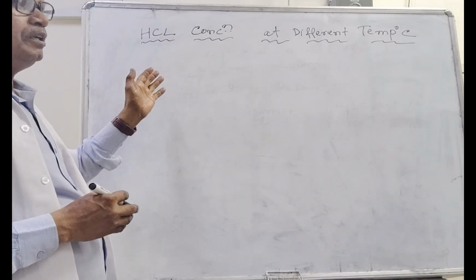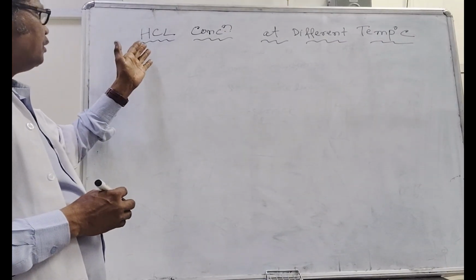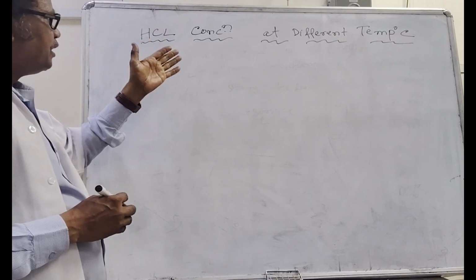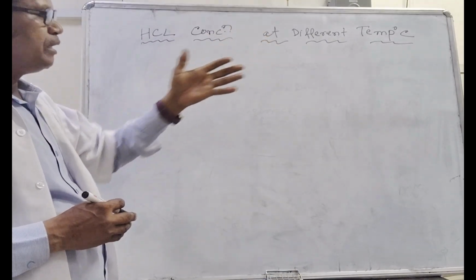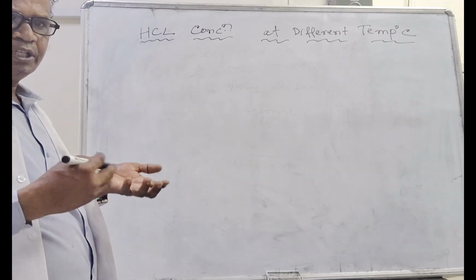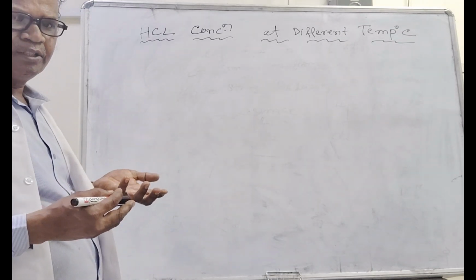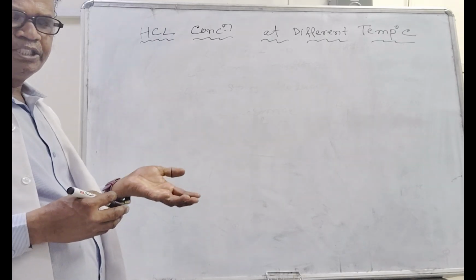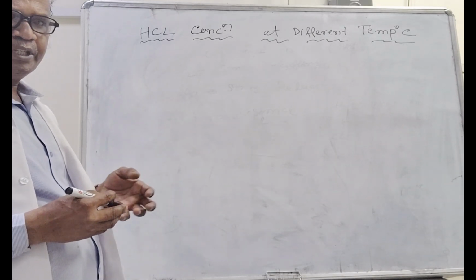Now we will find HCl concentration at different temperatures. Generally in chloralkali plants we face some difficulties to find out the concentration of HCl at different temperatures. So here is a good formula to find the concentration of HCl at a different temperature.